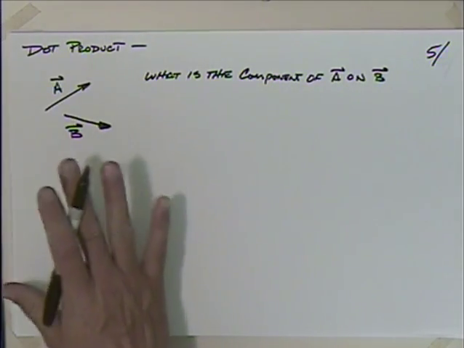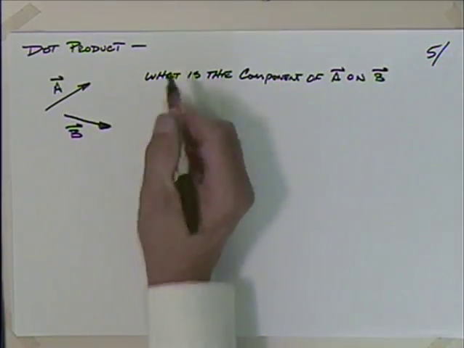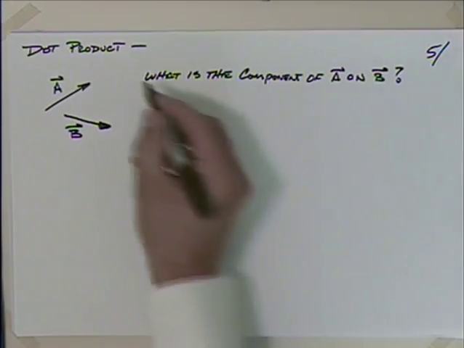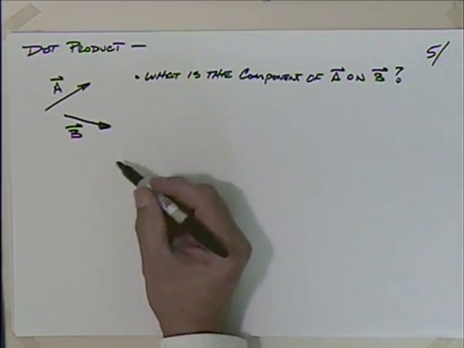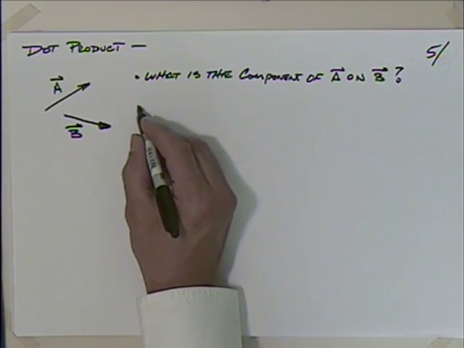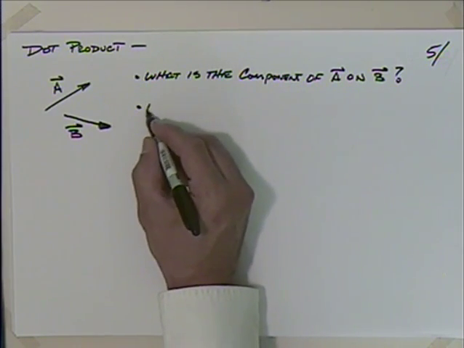Thinking of these in space, what is the component of A on B? That's one question that I might ask. Or vice versa, what's the component of B on A? And then the other question is, what's the angle between them?